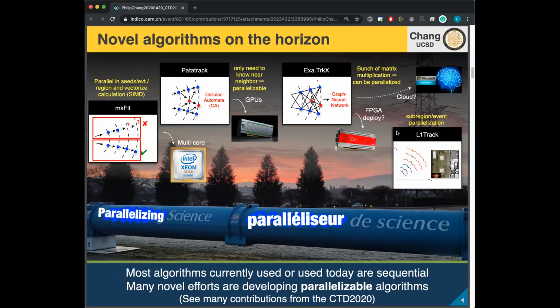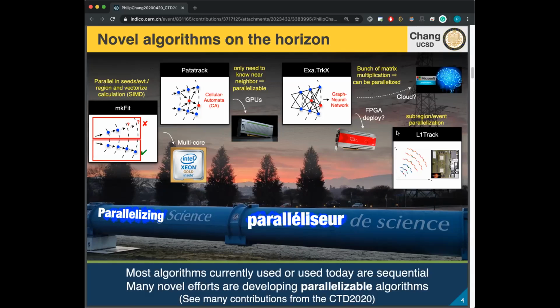So for example, on the very left-hand side with the MkFit, it shows that there are the seedings per event or per region, and things are being vectorized to do the Kalman filter fits on multi-core processors. Or sometimes we have a different algorithm that is based more on the cellular automaton method and is being parallelized on GPUs.